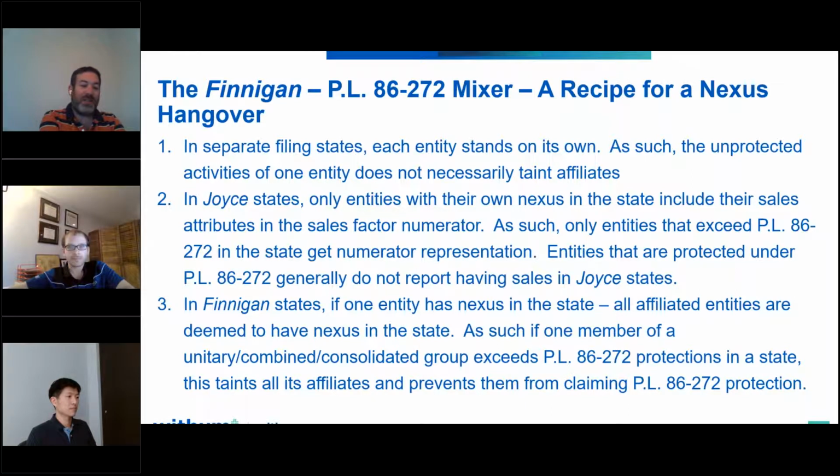So in separate filing states, again, every entity stands on its own. So if you have protected activities in one entity and unprotected activities in another, one entity doesn't necessarily taint the other entity. In Joyce states, under the Joyce theory of apportionment, only entities with their own nexus in the state include their sales attributes in the sales factor numerator.